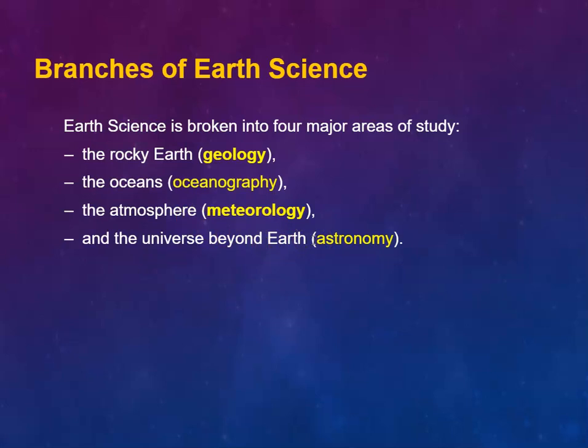At this point in time, you should take a look at your notes that you have printed out in front of you. You'll notice on the left-hand side, under number 1, it says 4 branches of Earth Science, A, B, C, and D. In those sections of the notes, you should be writing these 4 down in order: geology, oceanography, meteorology, and astronomy.